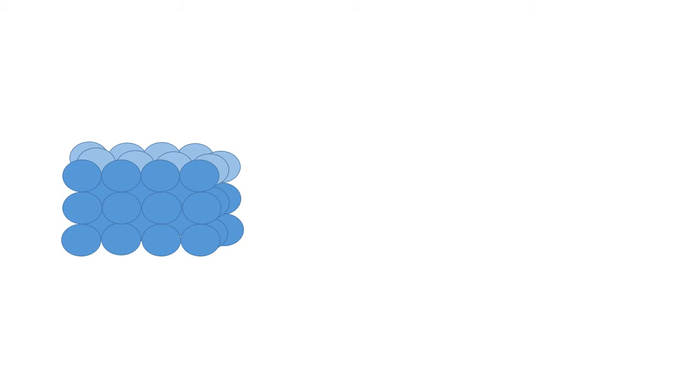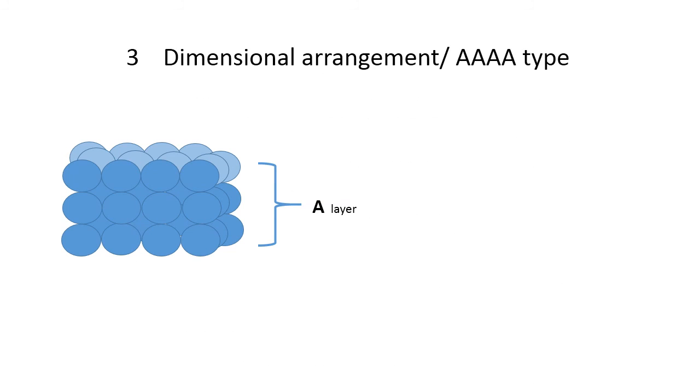Next arrangement, this time we take the AA type of 2-dimensional layer and we place it one above the other, and what we get is a 3-dimensional arrangement or the AAAA type of arrangement. Now the question is, what would be the coordination number?